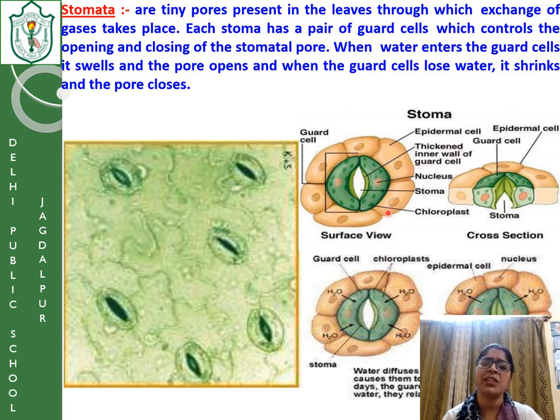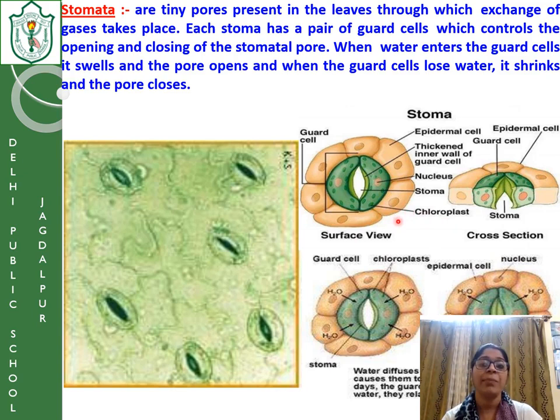Each epidermal cell has a nucleus. Now inside the epidermal cell, the green bean-shaped structure is called a guard cell, and inside the guard cell you can see green colored dots. These green dots are called chloroplasts.